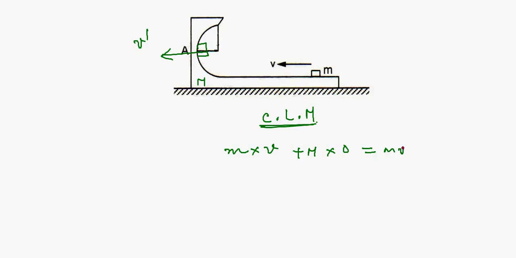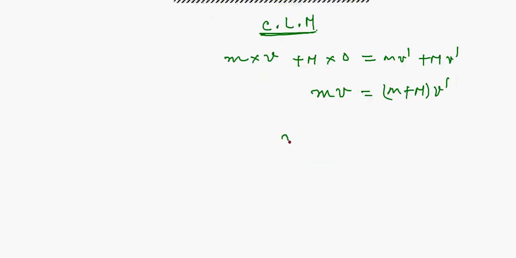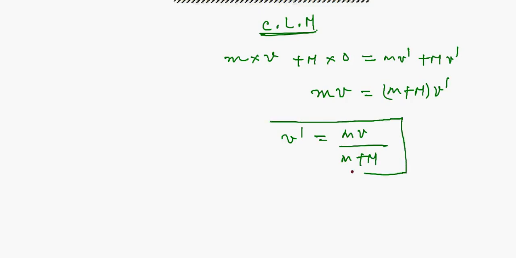So that is m v prime plus capital M v prime. So (m plus M) into v prime is mv plus 0, that is mv. So v prime is mv divided by (m plus M). This is the answer.